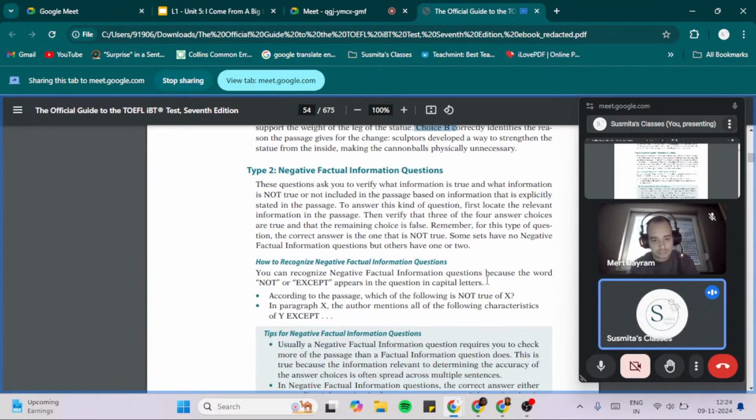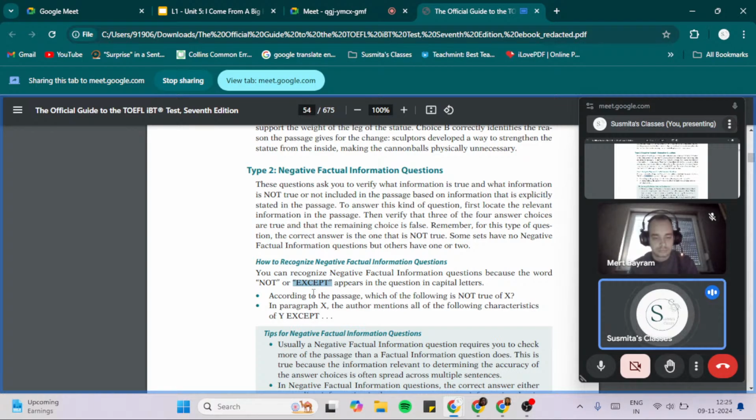Very good. Next we have the negative factual information question. Negative factual information is just the opposite of the factual information question. In factual information we selected based on what is mentioned in the paragraph. In negative factual they are asking you what is not mentioned in the paragraph. Here they will mostly use words like not and except.